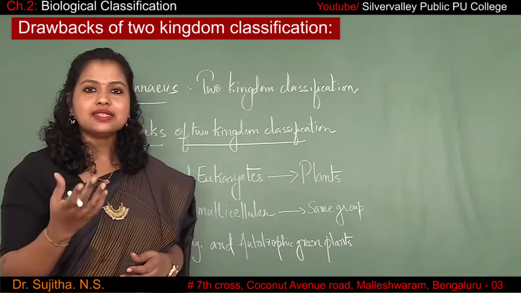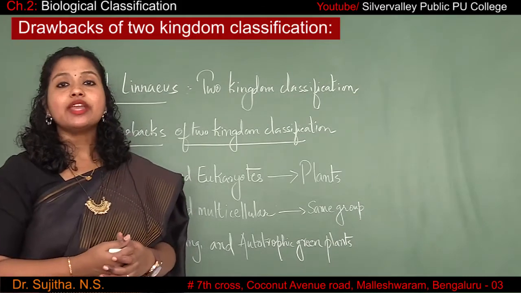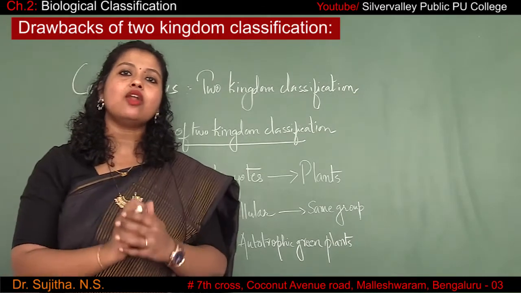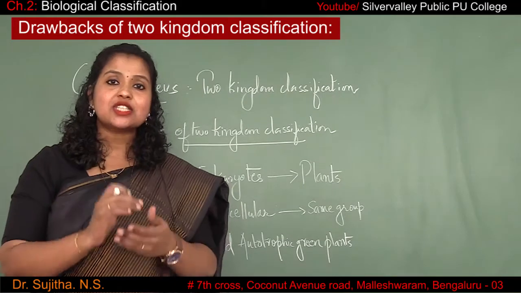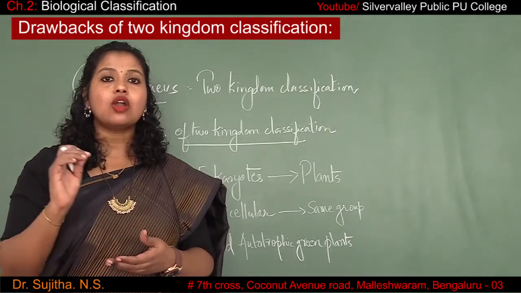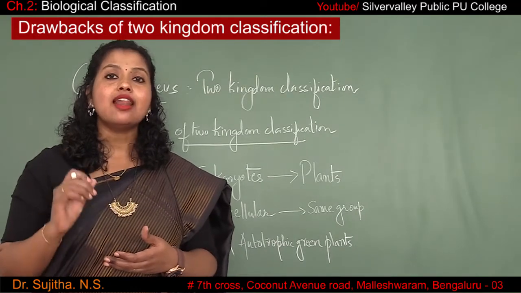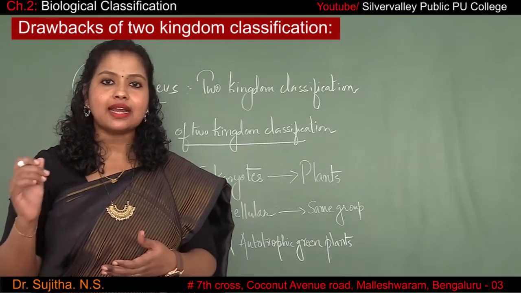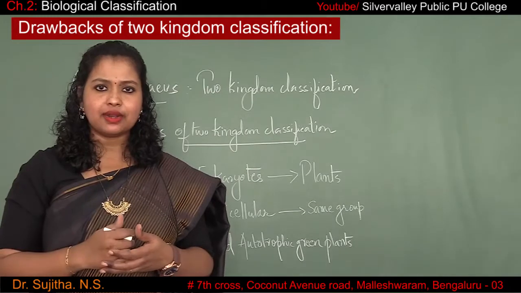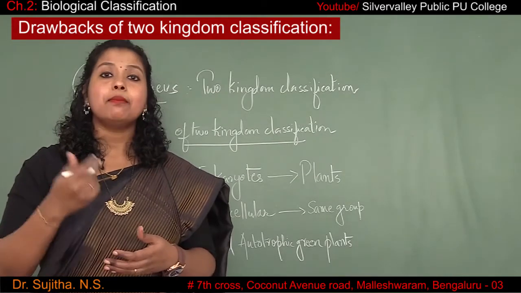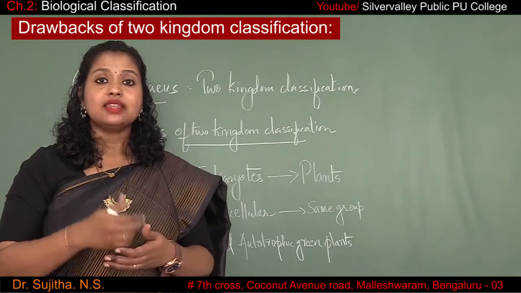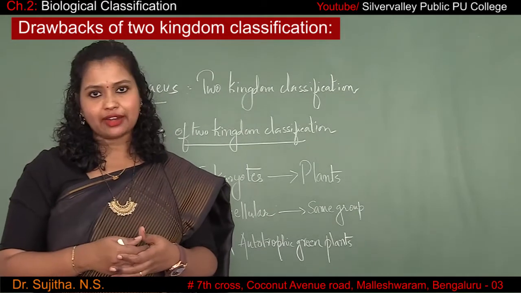Now, what is a prokaryote? Prokaryotes are unicellular organisms. In these unicellular organisms, the so-called prokaryotes, cell organelles are absent. For example, cyanobacteria, bacteria. These are the examples of prokaryotes.